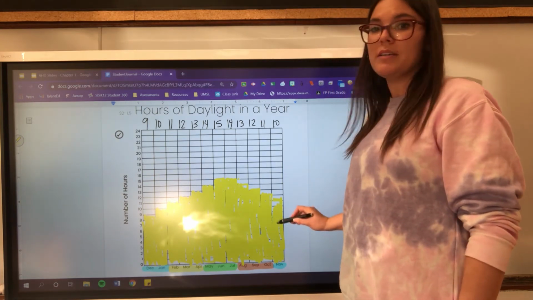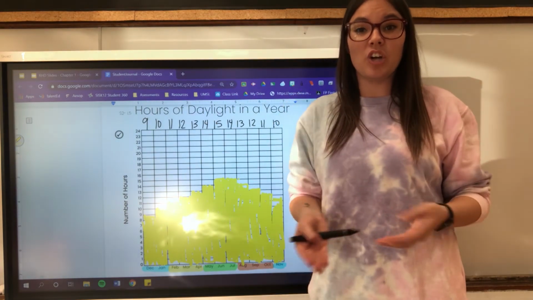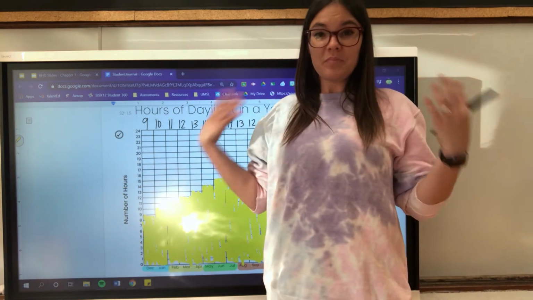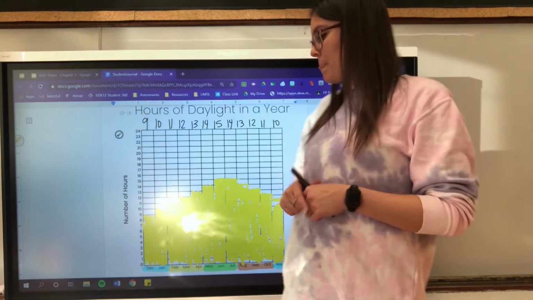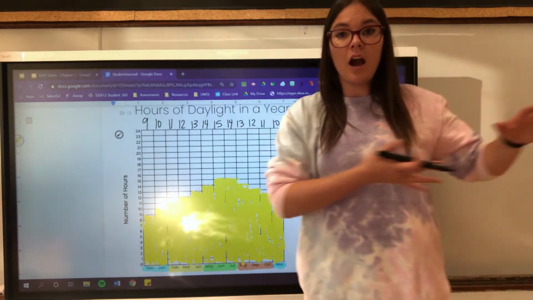So you're probably noticing right now that the sun is probably setting and the sky is getting a lot darker now than maybe it was at the beginning of the school year or even in the summertime, right? And it's because of the Earth's tilt and where it's revolving around the sun.